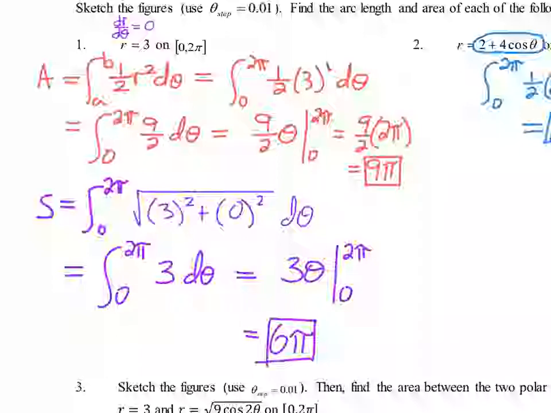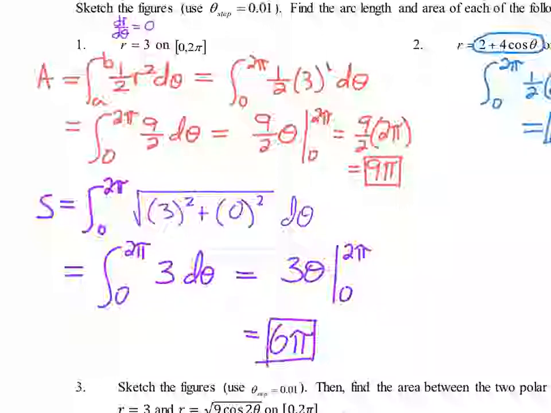Now, if I didn't go around the whole way, if I only went to pi, for example, half a circle, or pi over 2 for a quarter of a circle, pi over 4 for an eighth of a circle, then I have to restrict this. But this is talking about the length around an entire circle. So it's talking about the circumference, which is pi d. Radius is 3, diameter must be 6. Pi times 6, 6 pi.